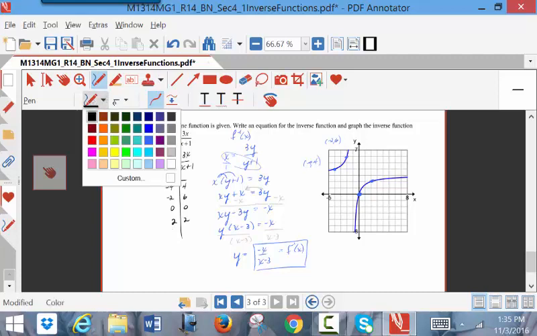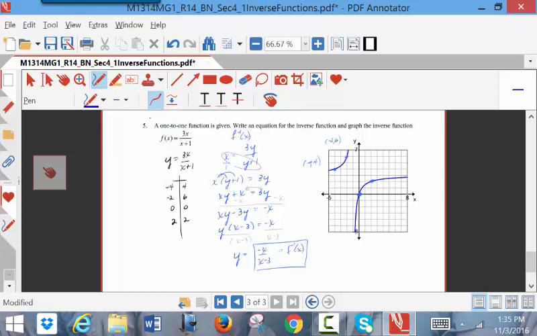So my inverse function in its table, switching the ordered pairs, I would have 4, negative 4, 6, negative 2, 0, 0, and 2, 2. Those 2 points are not very helpful.